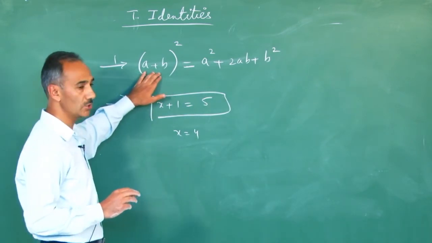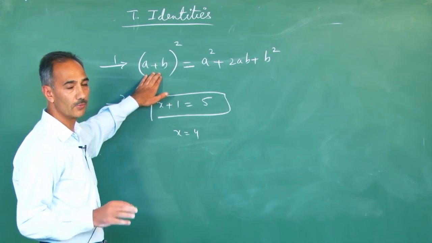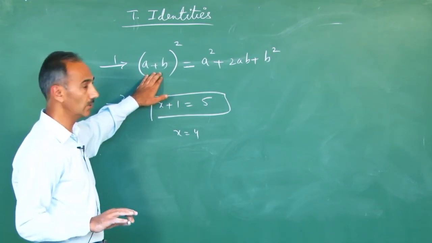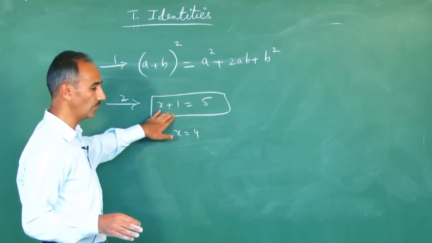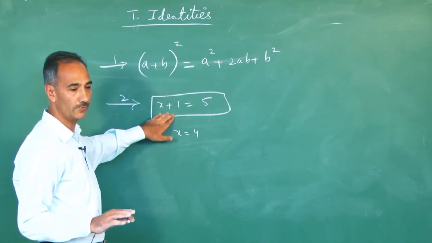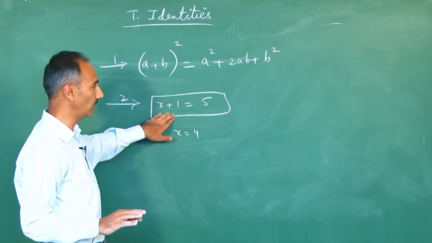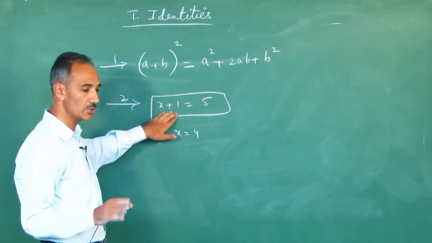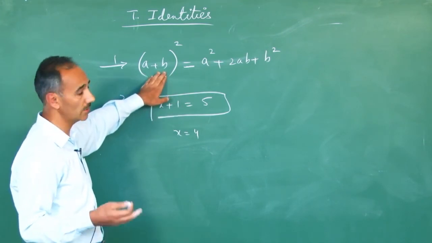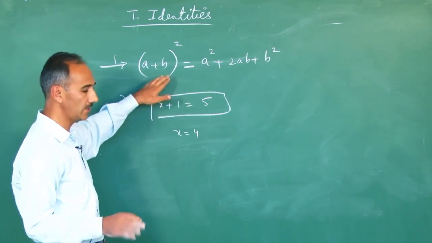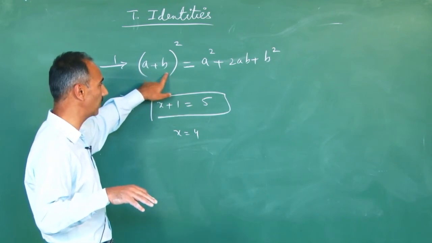So this equation is valid for all values of the variable, and we call this an identity. And this is true for selected values of the variable, so that is an equation. So an equation is not an identity, but we can say an identity is always an equation. Identity is at a higher level. So this is an algebraic identity.